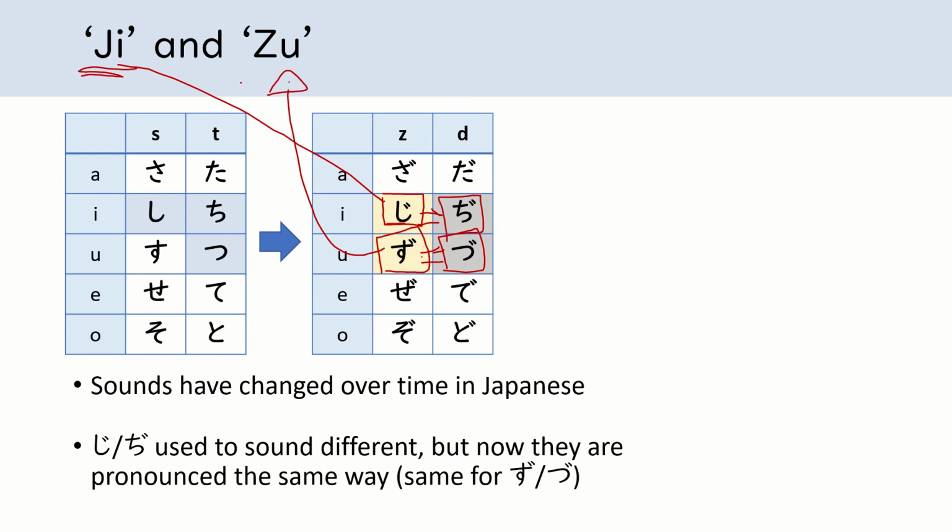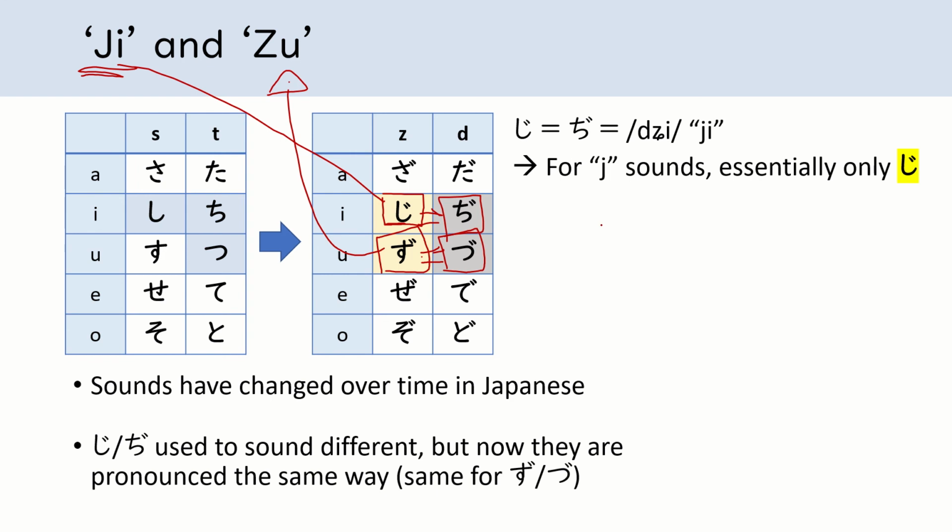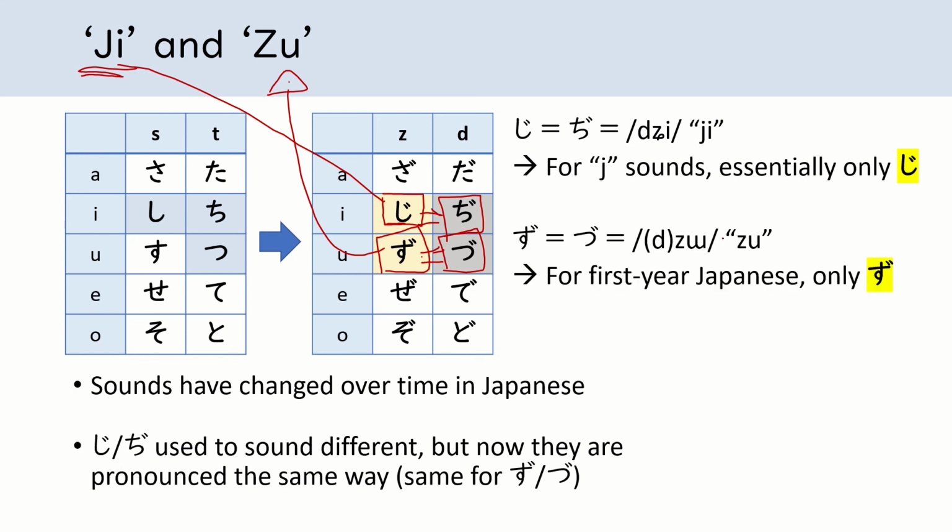And then these two here, zu and zu, used to be pronounced differently. They are now just zu. So for ja sounds, when we want to say a ja sound in Japanese, essentially our only option nowadays is going to be ji. And for zu sounds, at least in first year Japanese, our only option is going to be zu.